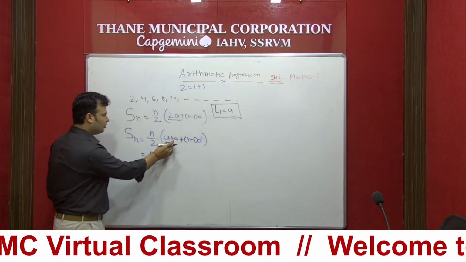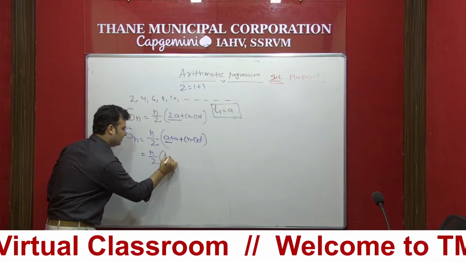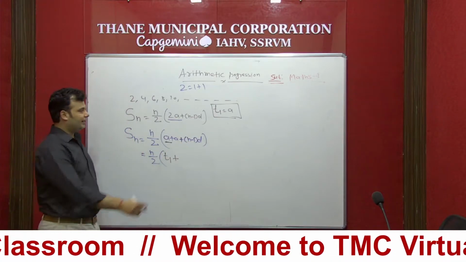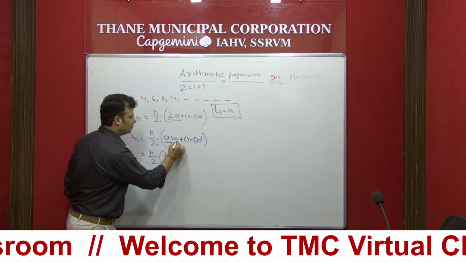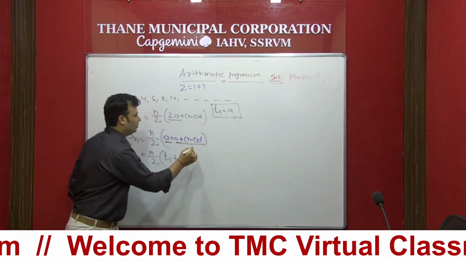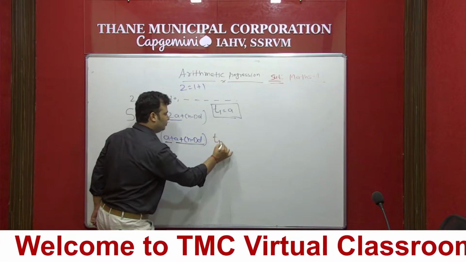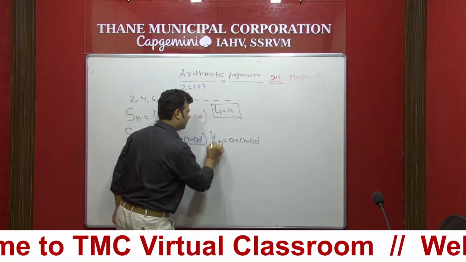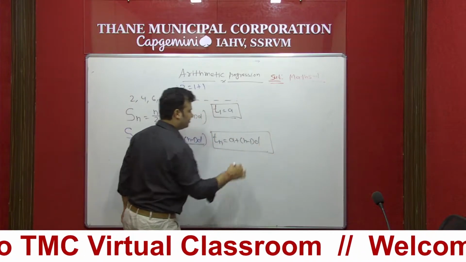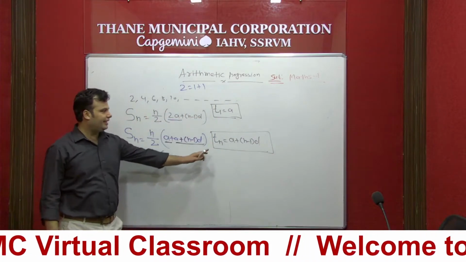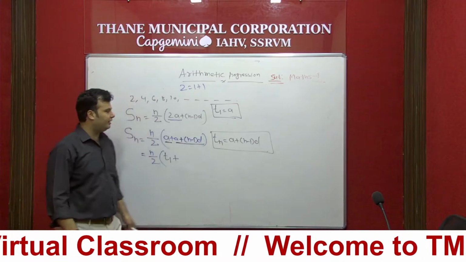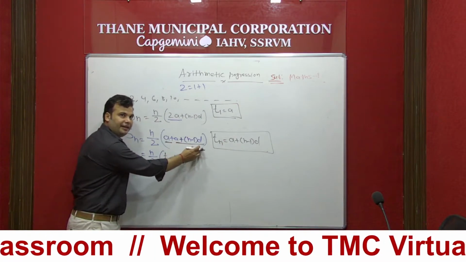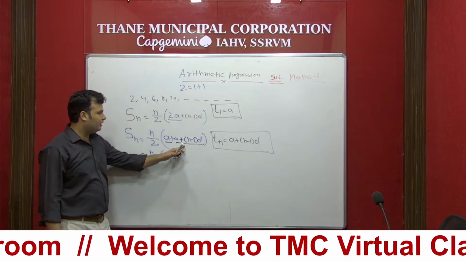Remember that A plus (n minus 1)d is the formula for Tn. So what is Tn? Tn equal to A plus (n minus 1)d, correct. We already solved sums on this, Tn equal to A plus (n minus 1)d. So in place of A plus (n minus 1)d we can put Tn.